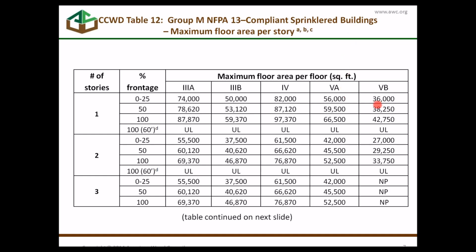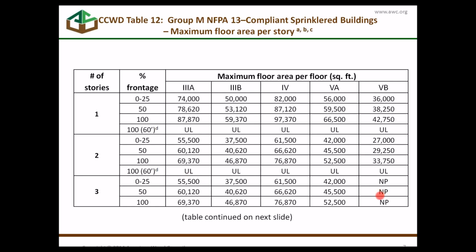But right away we see a Type 5B unprotected Group M can actually be 2 stories, and we can have 33,750 square feet per story. We also see a couple other things here. You see that if we're fortunate enough to have 60 feet for a 2-story building, 60 feet around our building, an open perimeter, and the building sprinklered, we're actually unlimited in area.